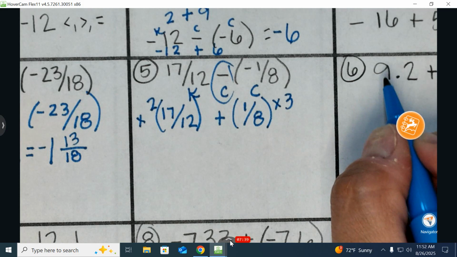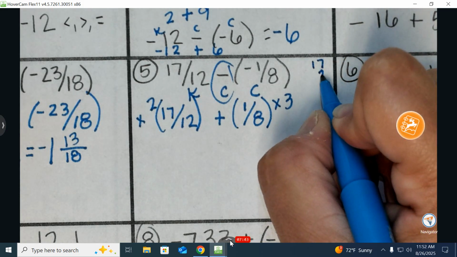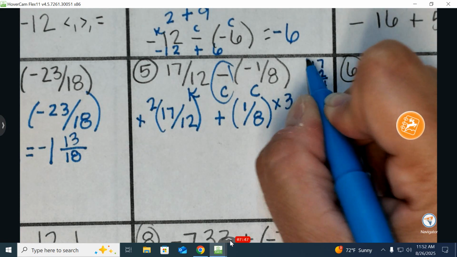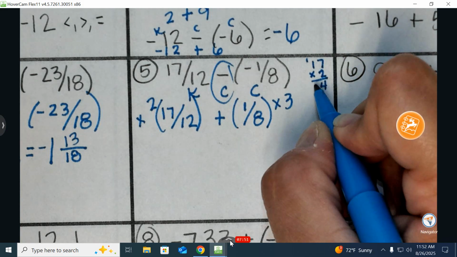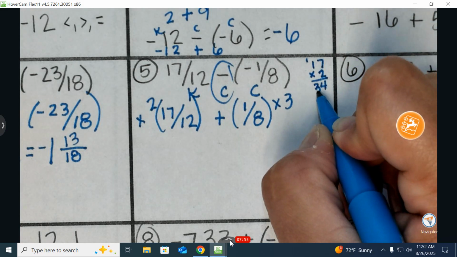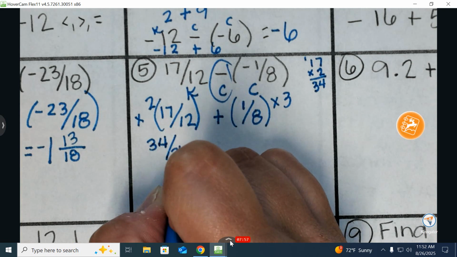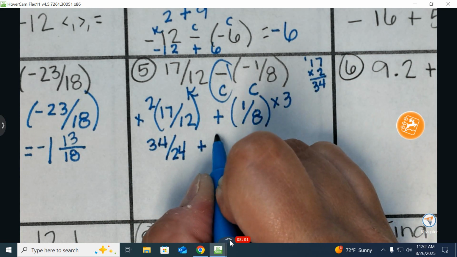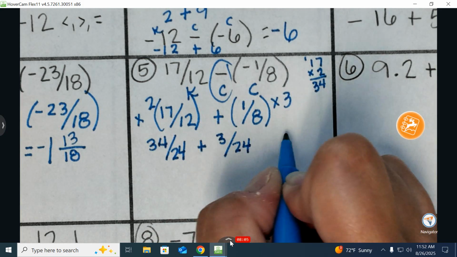2 times 17, if I didn't know that math, I could come up here and math it. 2 times 7 is 14, carry your 1. 2 times 1 is 2, plus 1 is 3. So I have 34 over 24, plus 3 times 1 is 3, 3 times 8 is 24.